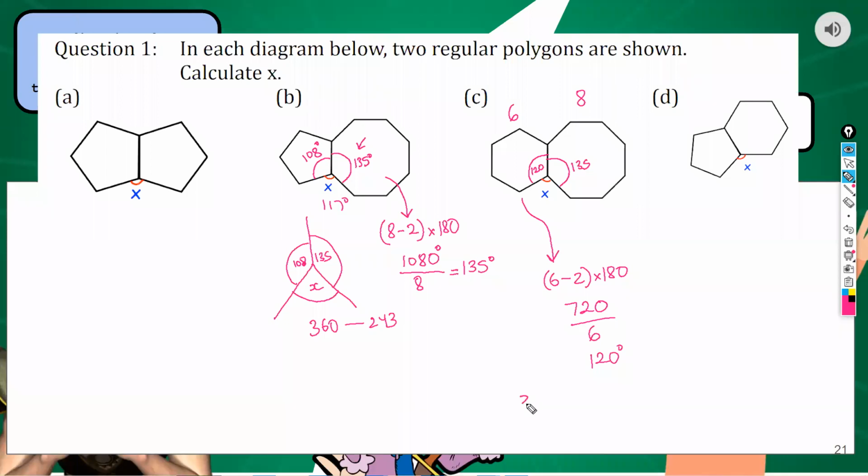And let's see what you get. Adding up these two, 120 plus 135, I am getting 255. So if I minus it, let me see if you all are correct. Yep. For the people who sent 105 degrees, you are correct.